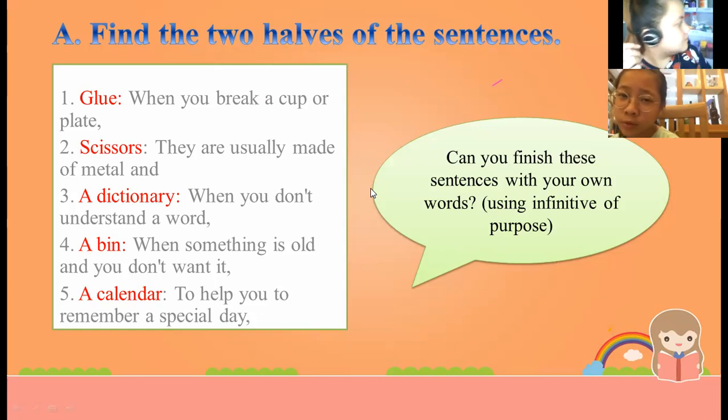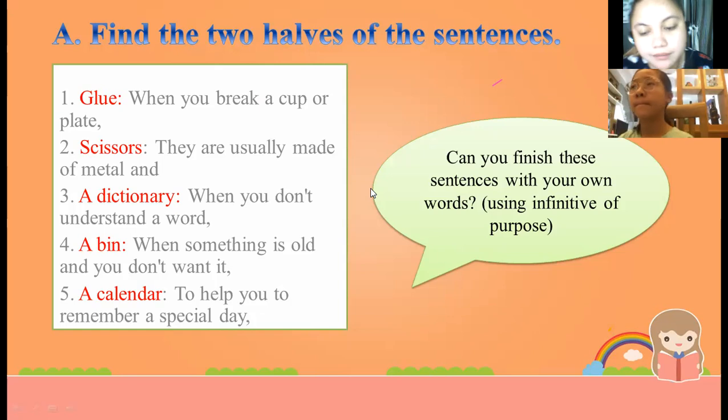When you don't understand a word, what can you do with the dictionary?